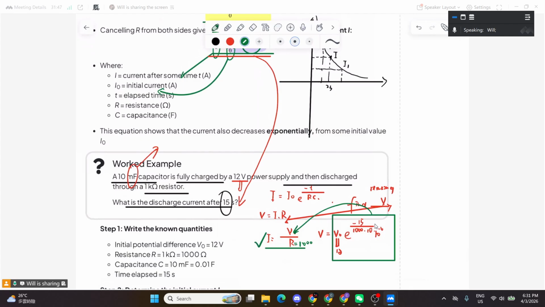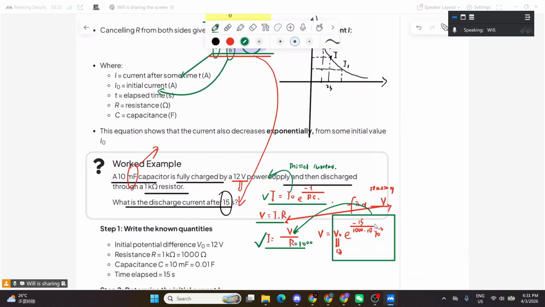At first we might think about formula one, but we don't know the initial current. We can find the initial current, or maybe use Ohm's law to find it.